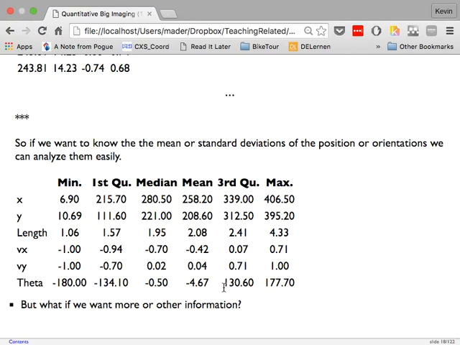And so particularly with something like theta, which is this angle that we calculate, a mean or standard deviation of theta doesn't tell us very much. And so, if you have 359 and 1, you have a huge standard deviation and you have a mean of 180. And so it doesn't match anything with your sample at all.